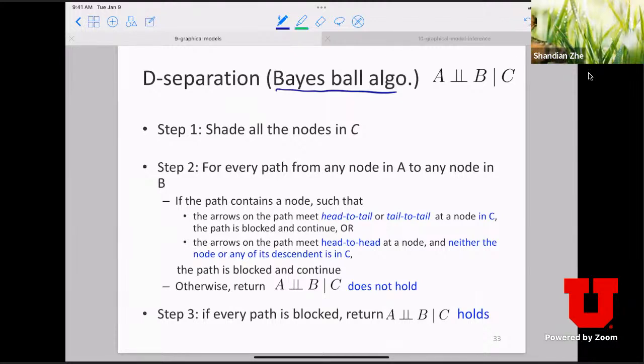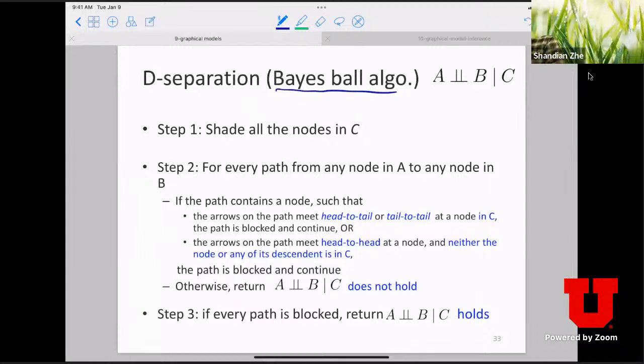If you try all the paths and every path is blocked, then you can say A and B are conditionally independent given C. Otherwise, A and B, the two sets of nodes, are not conditionally independent. That's the basic idea. So let us look at the algorithm steps.